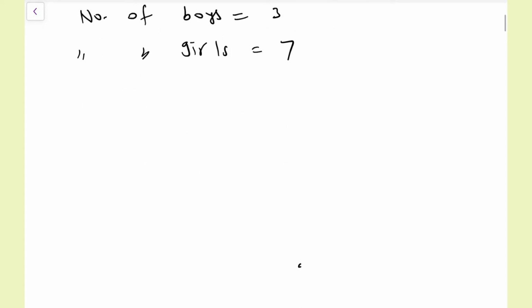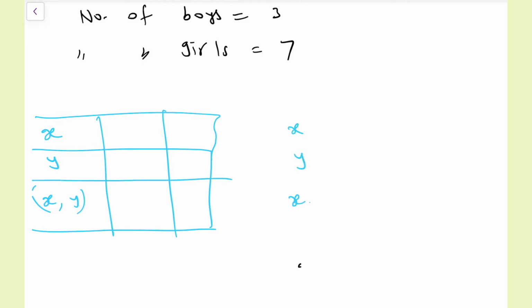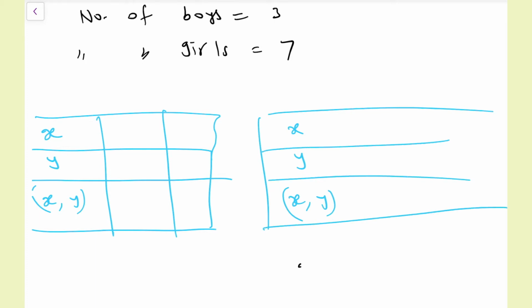So we need to have tables, right? So for the first equation, X, Y, X comma Y. And for the second equation also, X, Y and X comma Y. So let us take the first equation now.